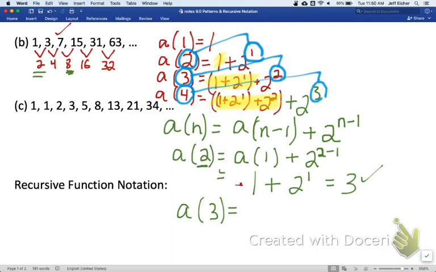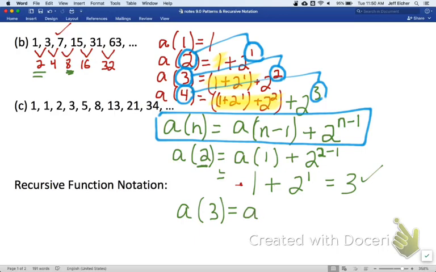The third term would be, looking at this right here, the third term would be the term before it, a of 2, plus 2 raised to the 3 minus 1.